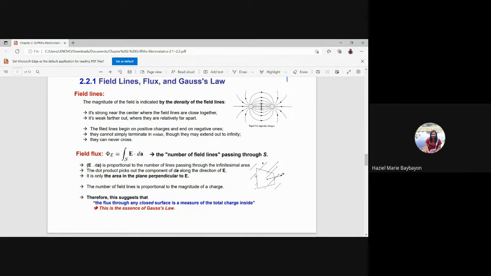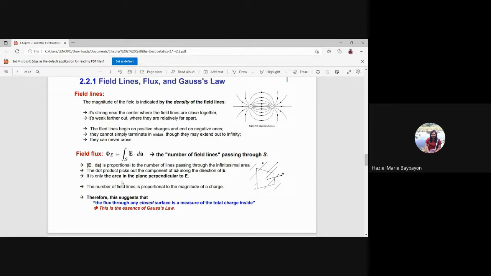Okay, so for example, you have this surface, and this surface is in an electric field region. So you put it in a region with electric field, so electric field lines pass through it. So the flux is defined as the number of electric field lines passing through a given surface. Okay.